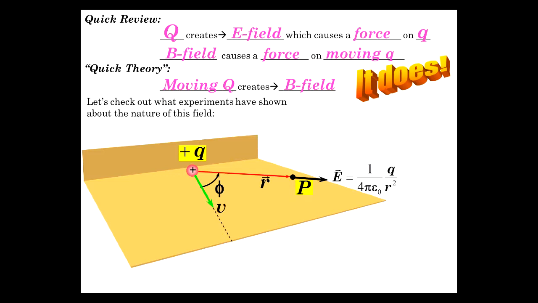But, surprisingly, there's also a magnetic field, which can be measured to be acting in a direction perpendicular to the v-r plane, and so it's pointing up here. And what is the size of that magnetic field? Well, it's got a constant, mu 0 over 4 pi, so let's not worry about that. But what is it proportional to?